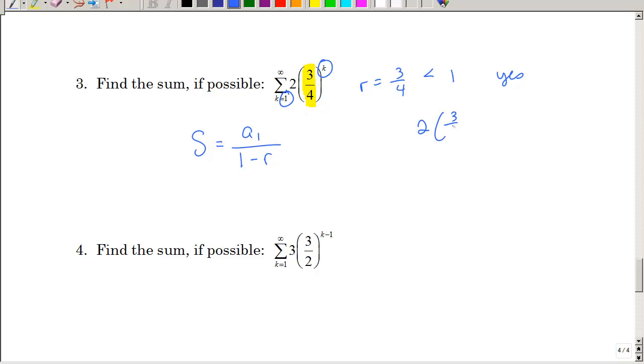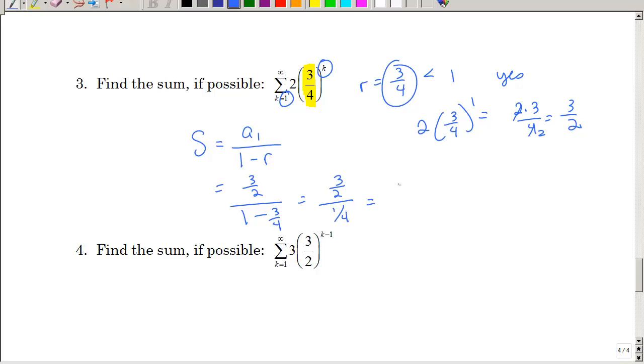So 2 times 3/4 to the first power, 2 times 3/4, that's 3 halves. So we have 3 halves over 1 minus r. So the sum is 6.